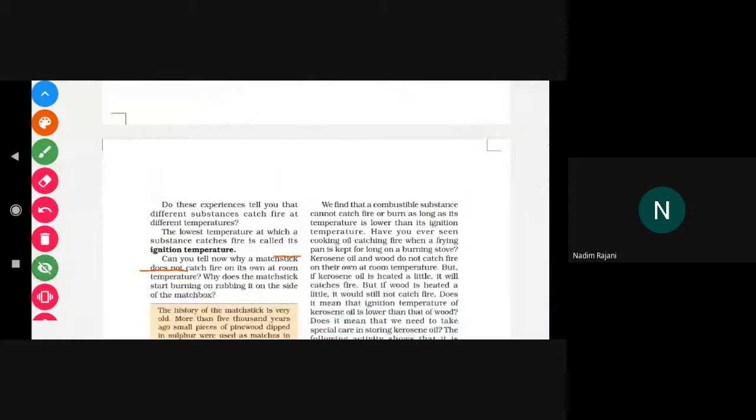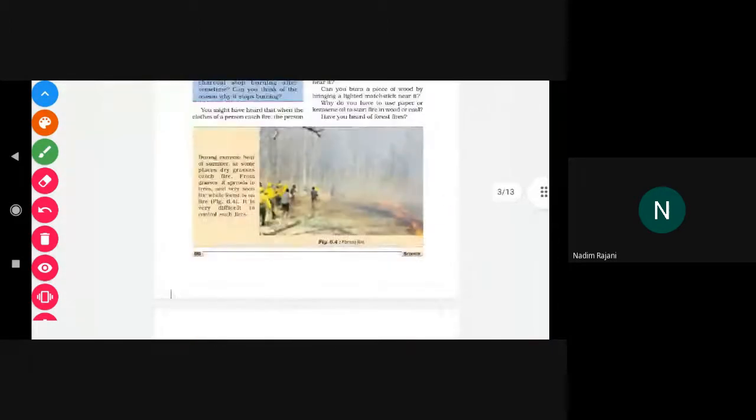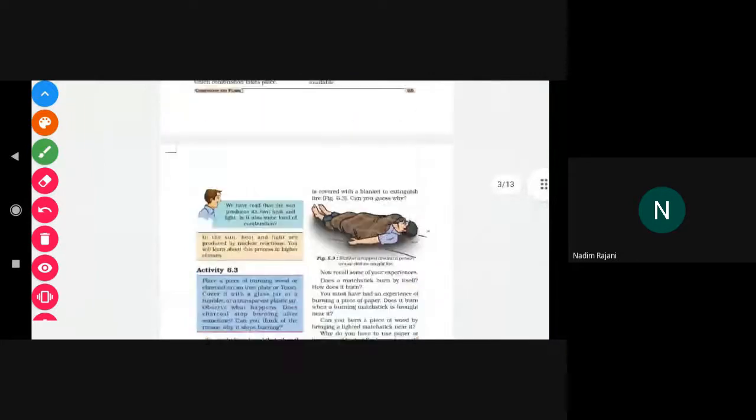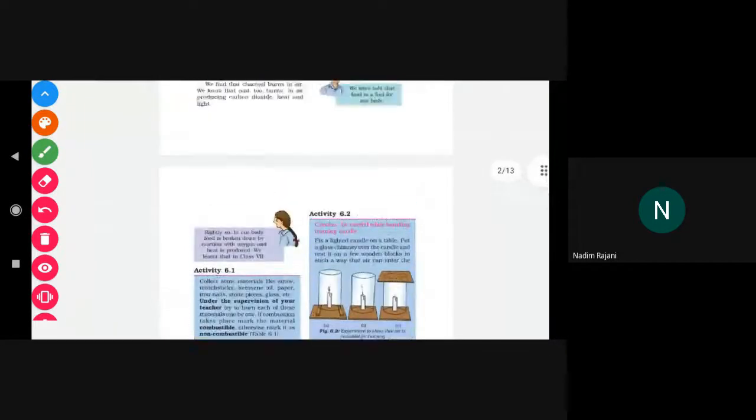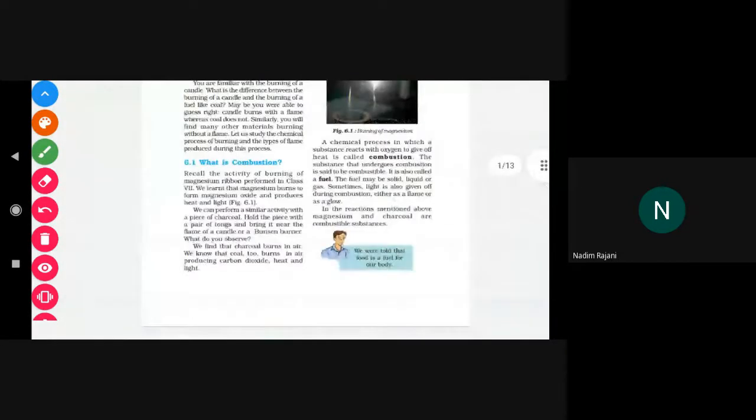Okay, the homework for today would be to give a few definitions. You have to write the definition of combustion. Write it in your book so that you do not forget.